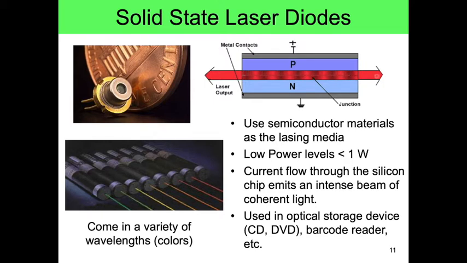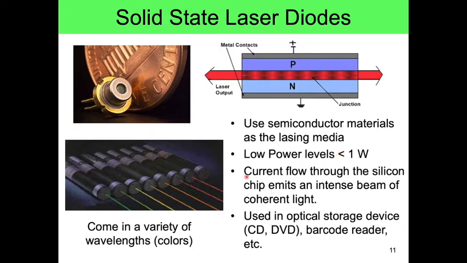It's called the depletion region. But the property of semiconductor lasers is that the power level is low, so it can't be used for something strong like laser fusion or something like that.